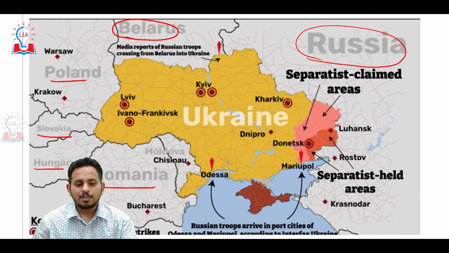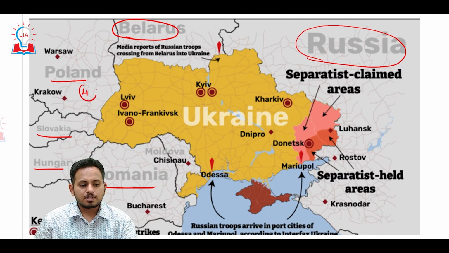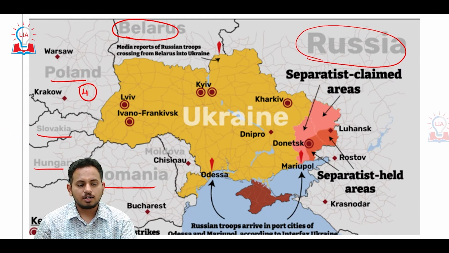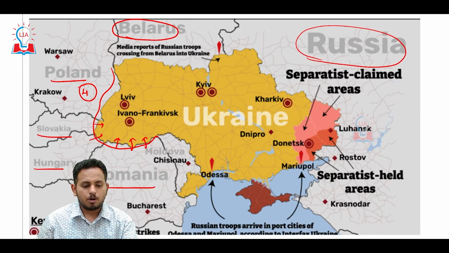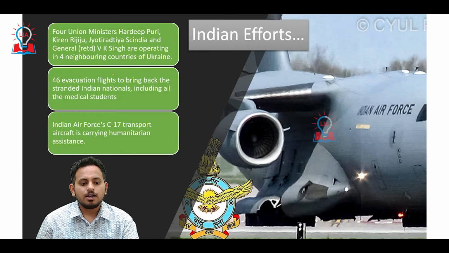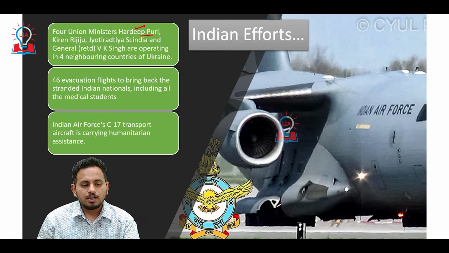The Indian government has sent 4 cabinet ministers from the central government to these border countries to carry out the evacuation process along the border. This entire mission is called Operation Ganga. The 4 union ministers, Hardeep Puri, Kiren Rijiju, Jyotiraditya Scindia, and General retired VK Singh, are operating in 4 neighboring countries of Ukraine.